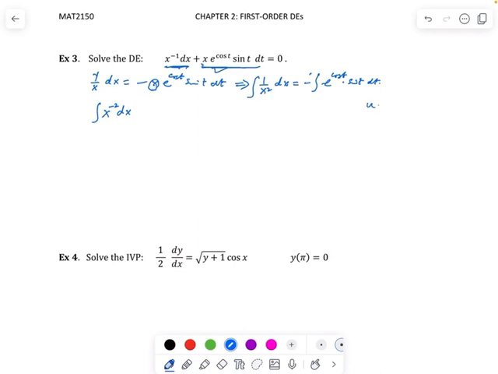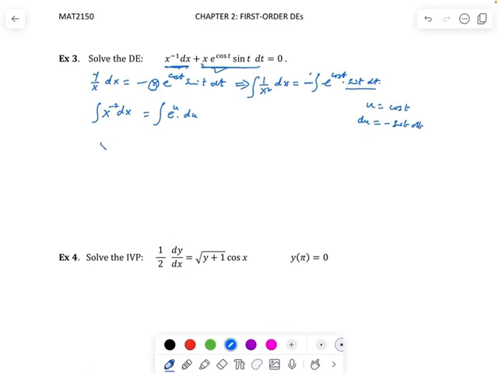And the right hand side, you can use u substitution. So u is equal to cosine t. The derivative is du equals minus sine t dt. So this is equal to the integral, and now I will make the substitution on the right hand side. So we have e to the u times du, because this negative sign, the sine of t and the dt make up the du.